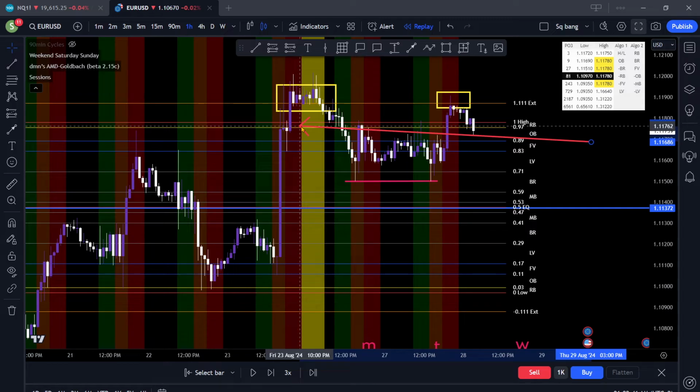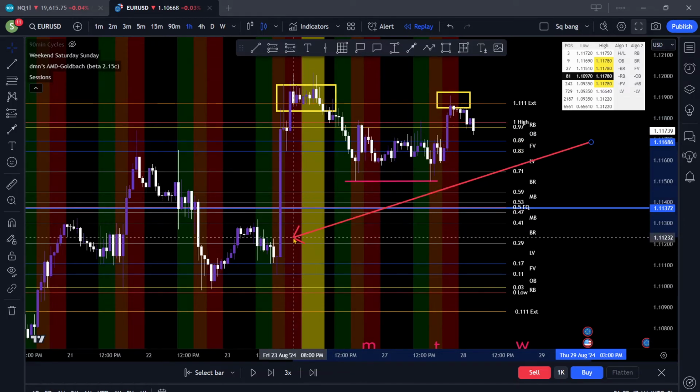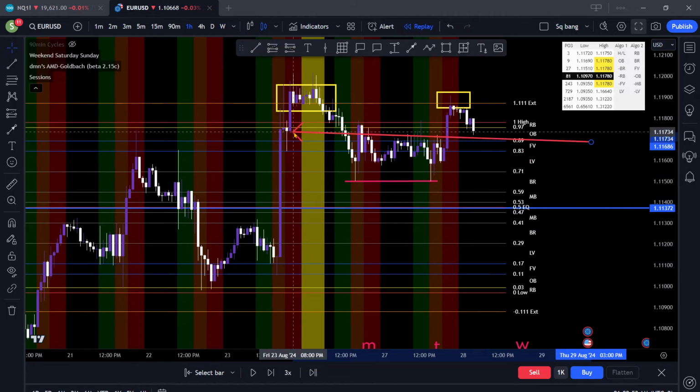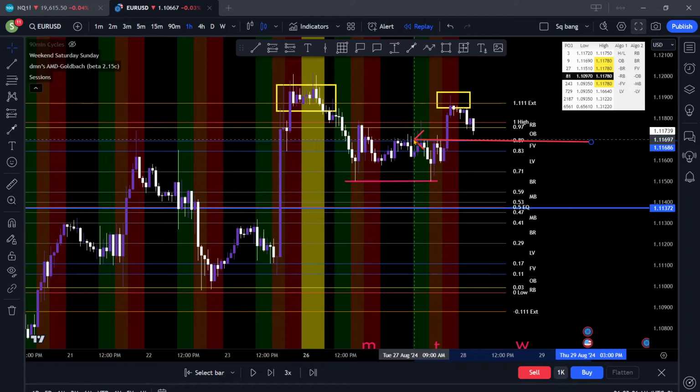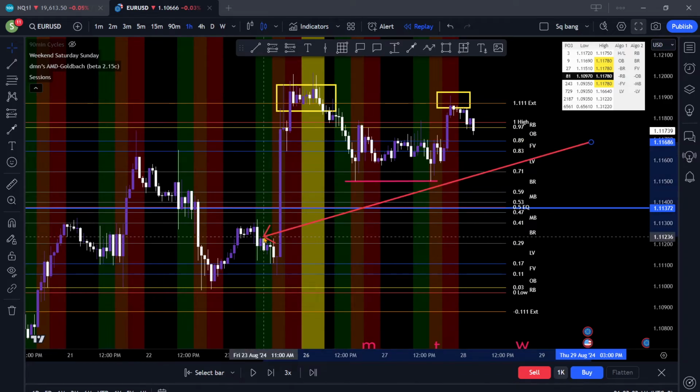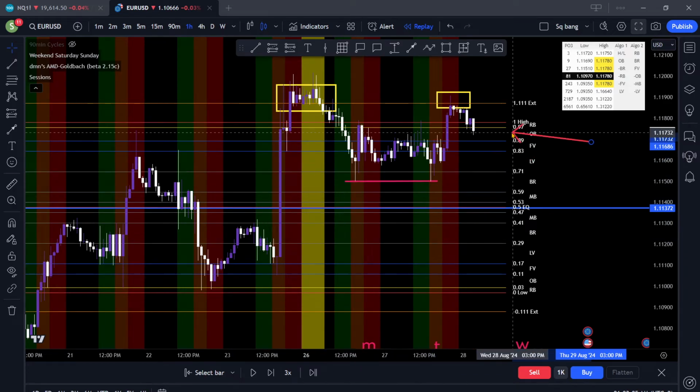I'm going to tell you that much. You know the high is 1.11780. So you know not to get out of your trade here. You know you're still in an actual discount and you're waiting for price to seek a premium to take profits at the high or the EXT level.